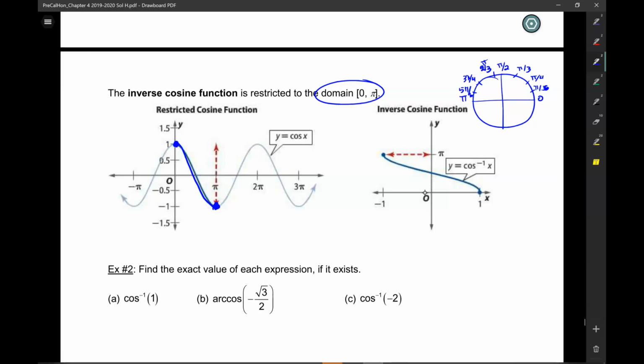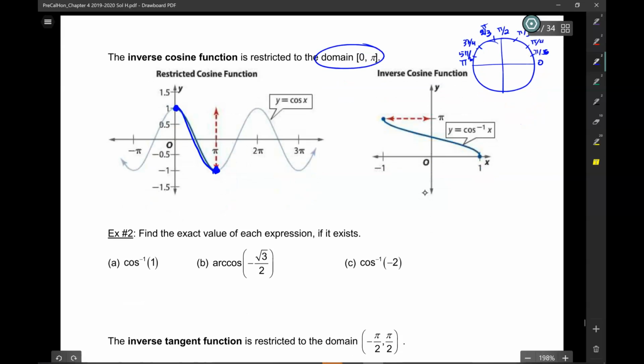So those are the 9. Again, there are only 9 possibilities that are acceptable for inverse cosine.